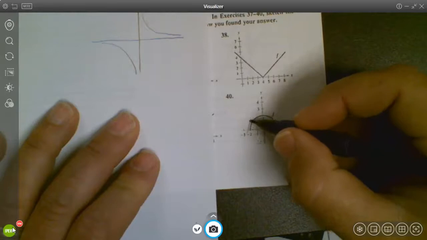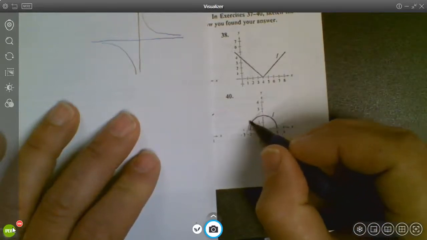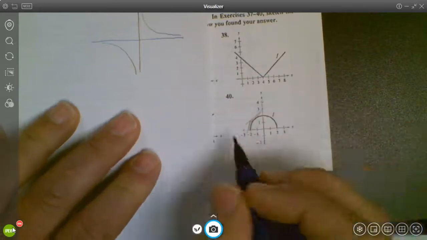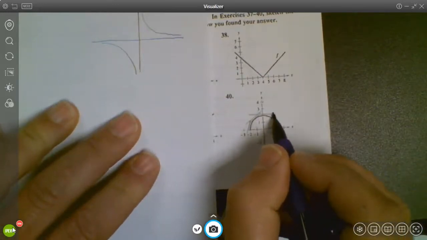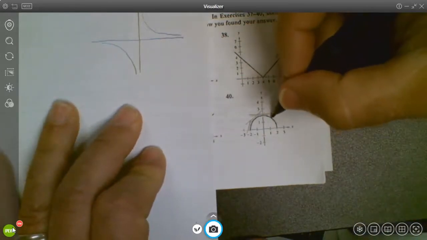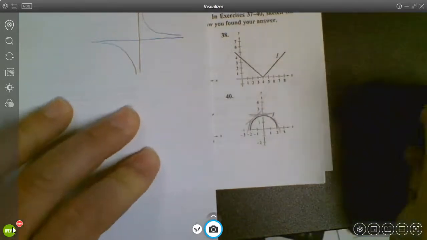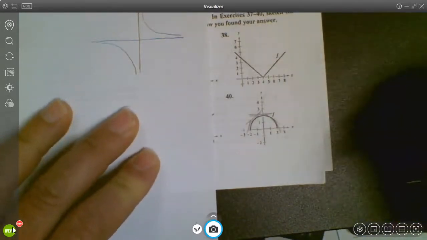This is a very steep positive slope, but as I approach the middle of this graph, you can see how these tangent lines start to flatten out until I get right there, and then I get that 0 slope, and then I'm back into the negatives, and I get bigger and bigger negatives as I approach +2.